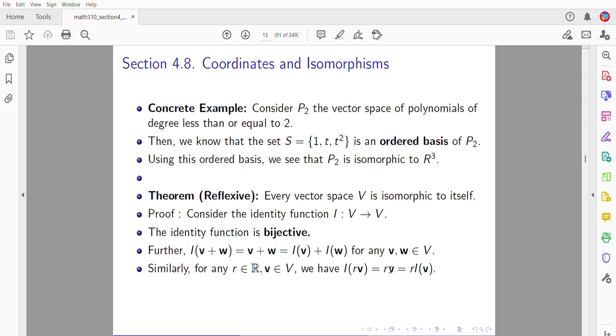On the other hand, this V can be written as I V. So I of RV is R I V. In other words, I respects vector addition and scalar multiplication. It is bijective. So I is an isomorphism from V onto V.